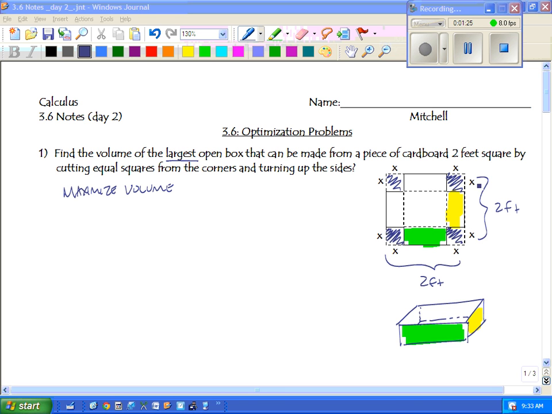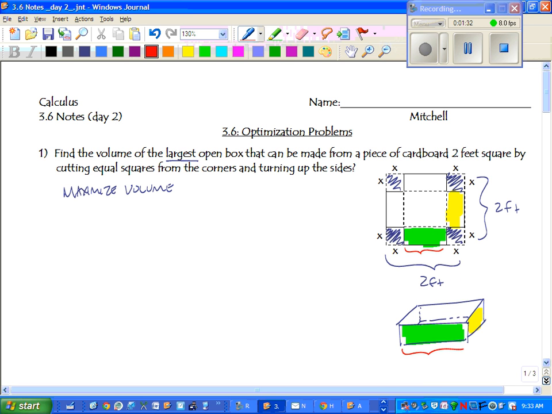So these little corners are x, the whole thing is 2. So if we look at this little portion of the box, that would be the same as this right here. That's going to be 2, the whole thing is 2, minus 2x. Right? The length of that side is 2 minus 2x because we're taking off x from each corner.